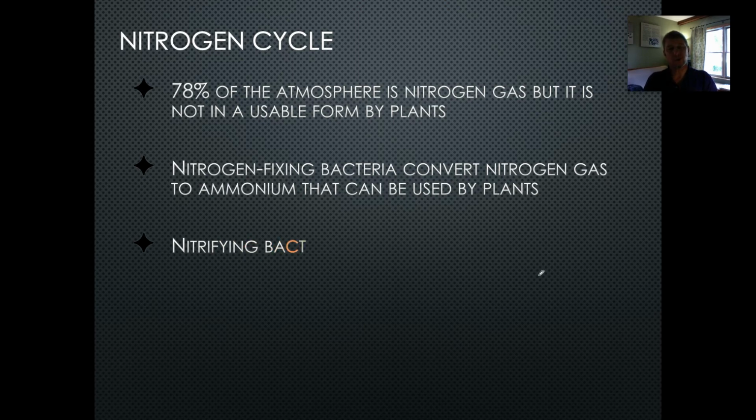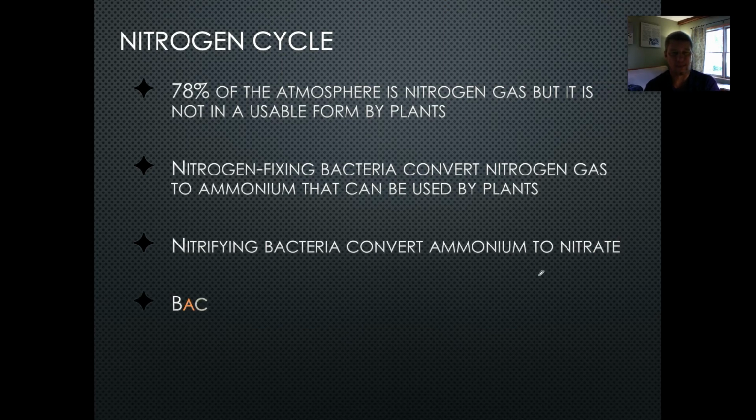There are also bacteria called nitrifying bacteria. And these then convert the ammonium into a form called nitrate, which is again used by plants. All right, so two kinds of bacteria, the nitrogen fixing and the nitrifying bacteria, are used to change the form of nitrogen found in the atmosphere and in the soil.